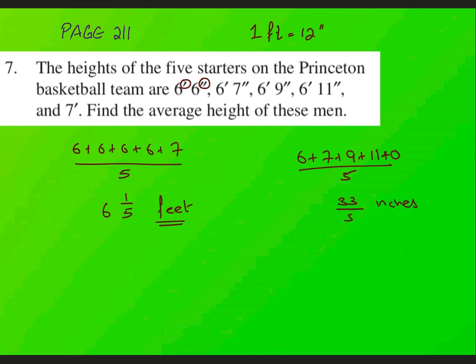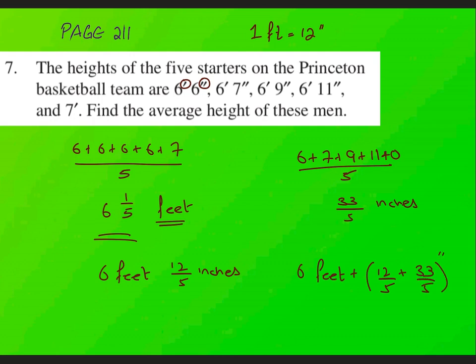Now before adding the 2, I can say this actually is 6 feet 12 by 5 inches. Because 1 foot is 12 inches, so 1 by 5 feet is 12 by 5 inches. Now I can find the average by saying it's 6 feet plus 12 by 5 plus 33 by 5 inches.